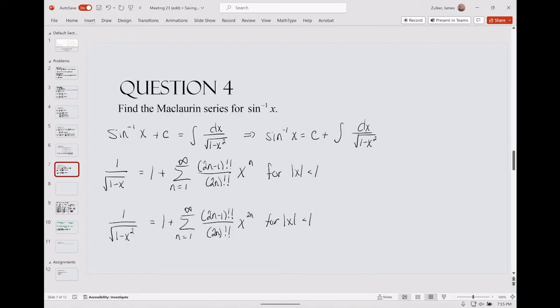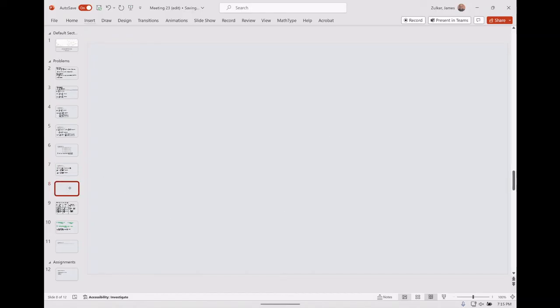Now we can find the inverse sine of x. It's going to be c plus the simple antiderivative of the expansion.